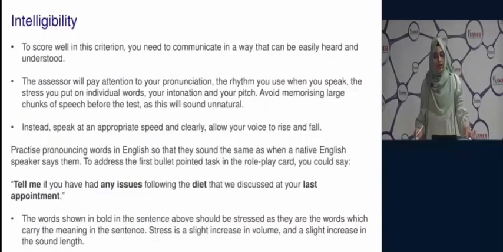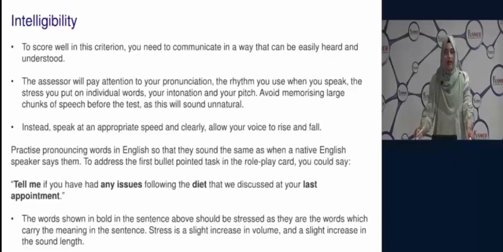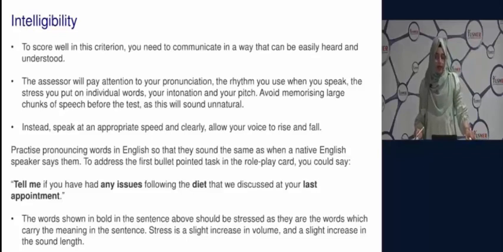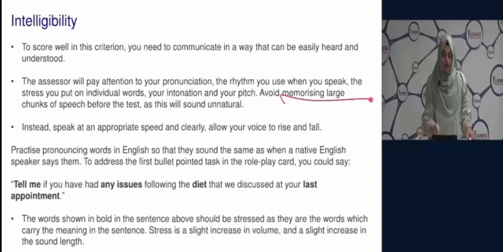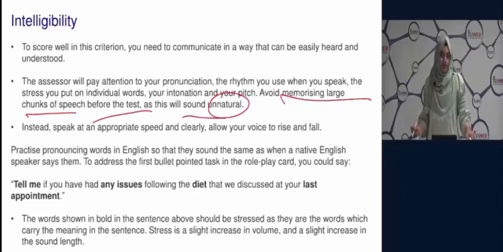To score well in these criteria, you need to communicate in a way that can be easily heard and understood. The assessor or the examiner will pay attention to your pronunciation, the rhythm you use when you speak, the stress you put on individual words, your intonation and your pitch. Avoid memorizing large chunks of speech before the test, as this will sound unnatural.